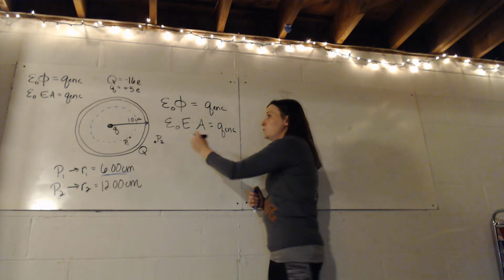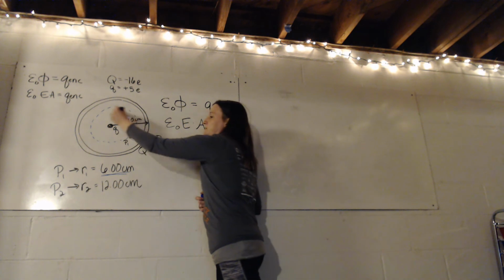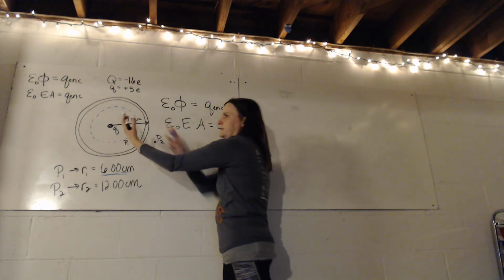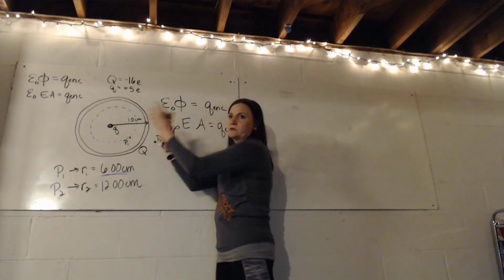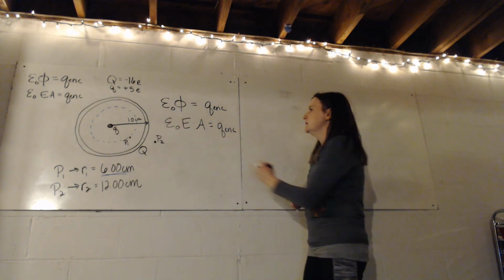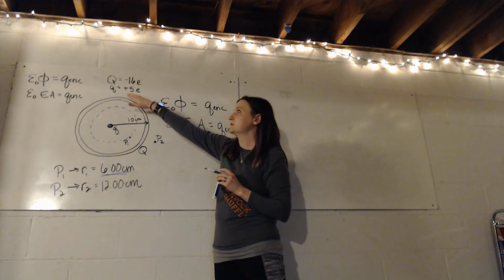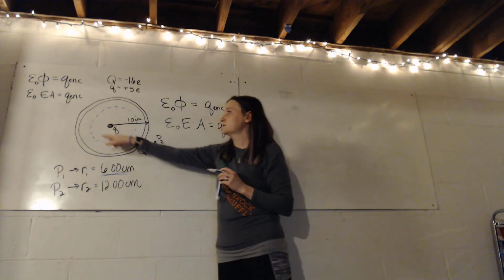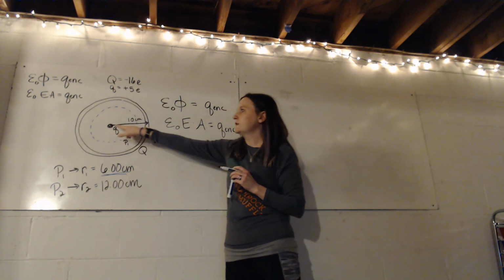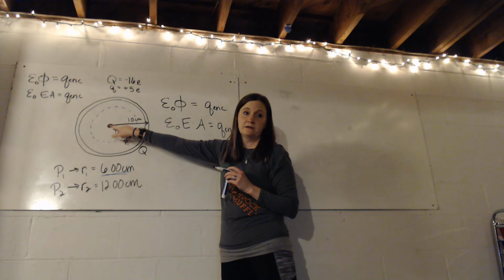I know the surface area of the Gaussian surface that I just drew. This is a 3-dimensional shape, so it's the surface area of a sphere. And I know the charge enclosed by that Gaussian surface. This was given to me. For this particular surface in the dotted blue, all that's enclosed interior to that is the little q.